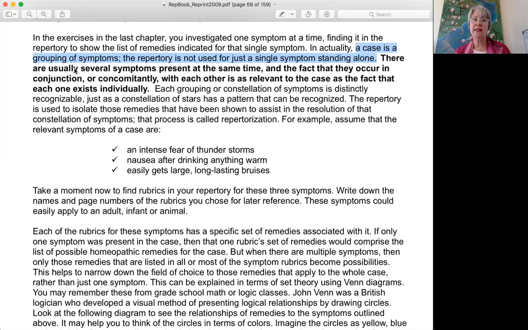So there are usually several symptoms ready at the same time. And the fact that they are showing up at the same time as each other, that's what creates the pattern that we are so interested in. So imagine that somebody has a sinus infection and they have pain on their left cheek, and at the same time, they have a skin eruption that comes out, an itchy skin eruption behind their right knee.